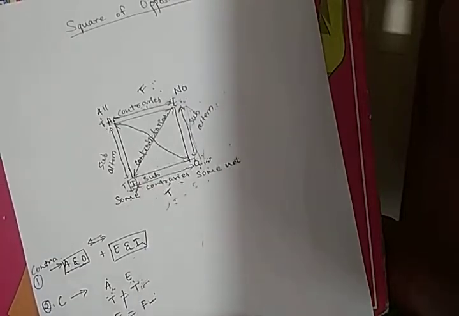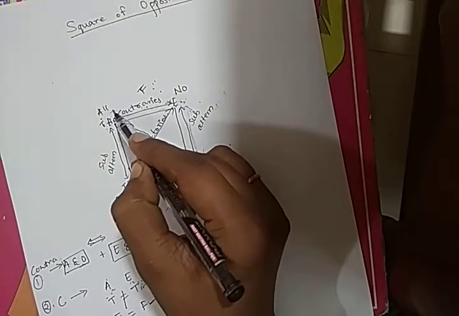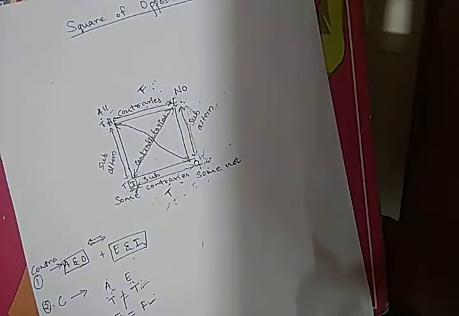Now, I'll give you one sentence and you have to find out the answer. If the proposition 'all mangoes are vegetables' is false. So if 'all' is coming, then it is the A. If A is false, then which proposition will be true?